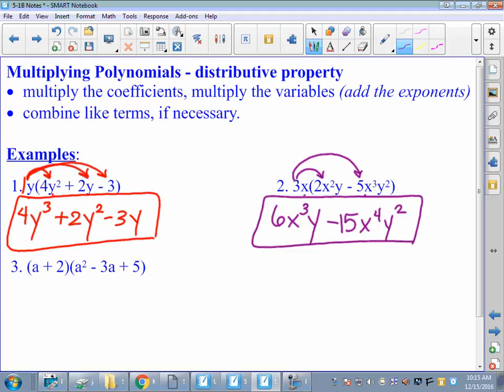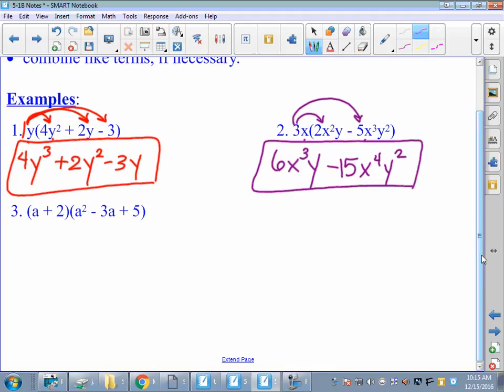The last problem here, when we simplify this, we're going to distribute. We cannot FOIL this. I'm multiplying 2 terms by 3. I should get 6 total terms when I'm done. So it's not FOILing, it's distributing. So I need to distribute this a through every term in the second one. So that first a goes to every term of the trinomial. So I get a cubed, that's a times a squared.